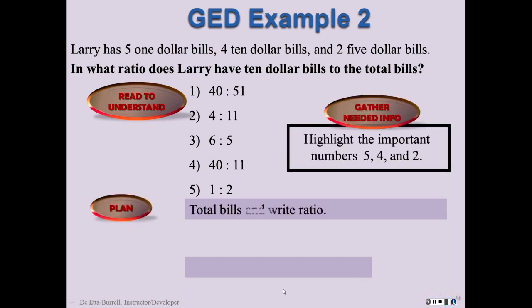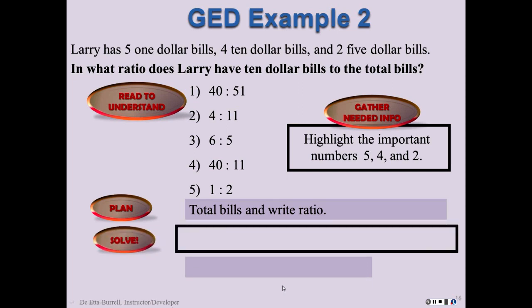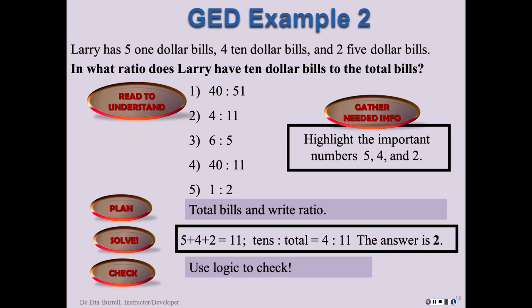You have to focus on the question. Find what your total is and then write the ratio of $10 bills to total. And that would be 4 to 11. Option 2 was right.